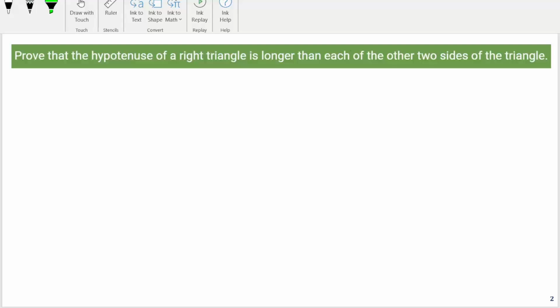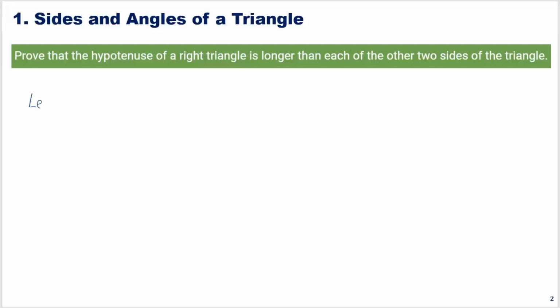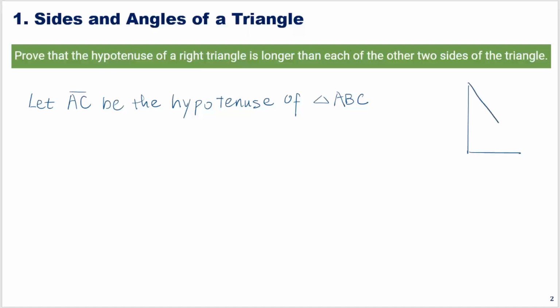For example, we could let AC be the hypotenuse of triangle ABC, such as illustrated here in this diagram.